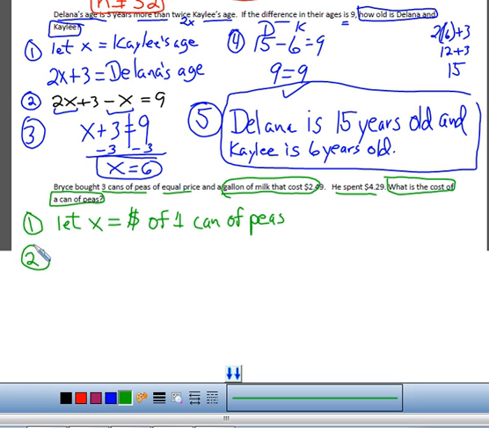Step 2, write an equation. So there's 3 of these. So I have 3x plus a gallon of milk, $2.49. And that totals $4.29. Step 3, we're going to solve. So my first step here would be to subtract $2.49 from both sides of my equation.